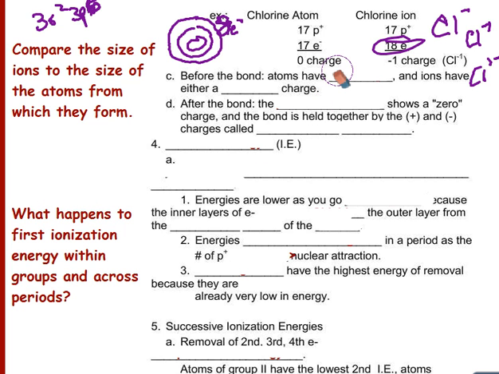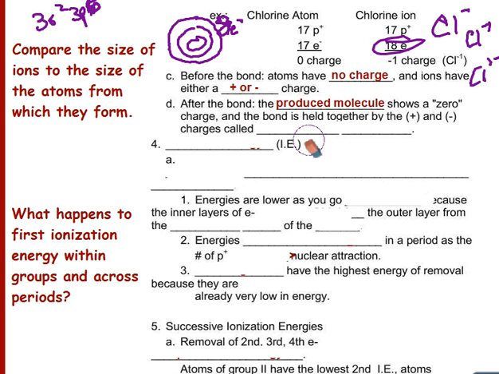Now, before the bond, the atoms have no charge, but the ions have either a positive or a negative charge because they've either gained or lost electrons. After the bond, the produced molecule shows a 0 charge. It's actually not a molecule, but we'll call it a molecule for right now.